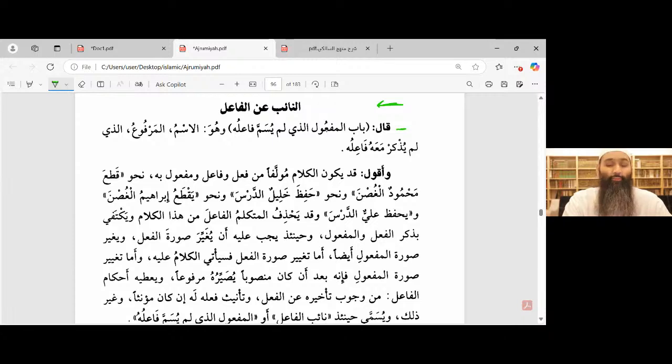What is the maf'ul whose fa'il is not mentioned? What is a maf'ul bihi whose fa'il is not mentioned? This maf'ul is na'ib al-fa'il. In other words, it is na'ib al-fa'il.